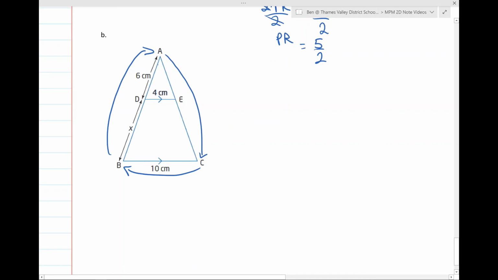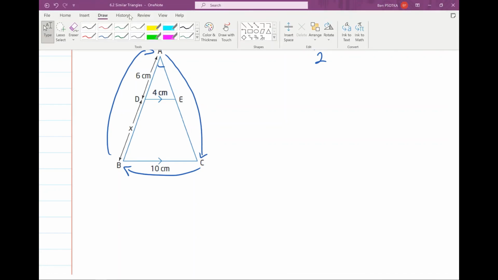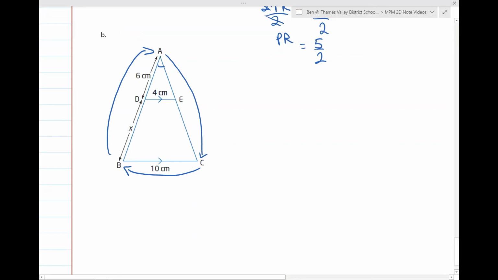They both share the same angle A. And through an F pattern here, I see an F pattern here and here through the parallel sides that are 4 centimeters and 10 centimeters. Then I see that angle E equals angle C. And again, through an F pattern here on the other side, angle D equals angle B. Now, I didn't need all 3 of those angles. I just needed 2 of them to say that I have angle-angle similarity again.